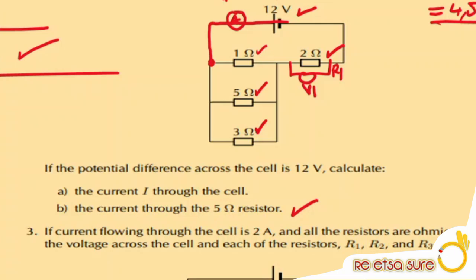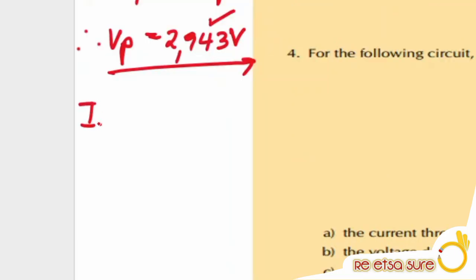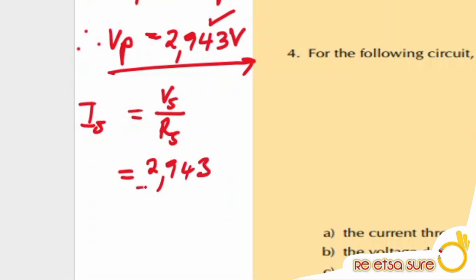Why? Because I'll be saying that I5, which is the current in the 5 ohm resistor, is equal to V5 over R5. What is the current in the 5 ohm resistor? It is 2,943 all over. What is our resistance there? Our resistance there is 5.